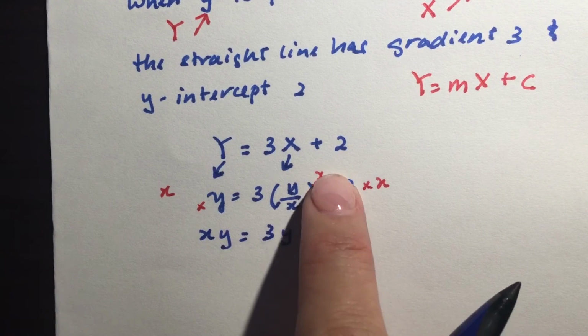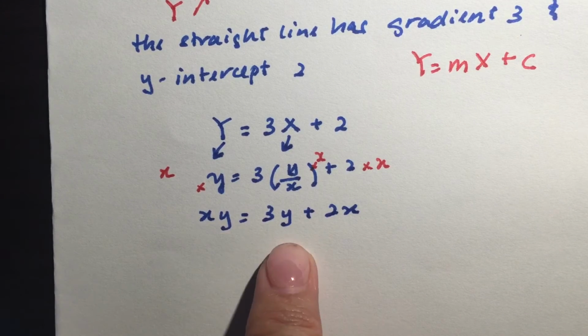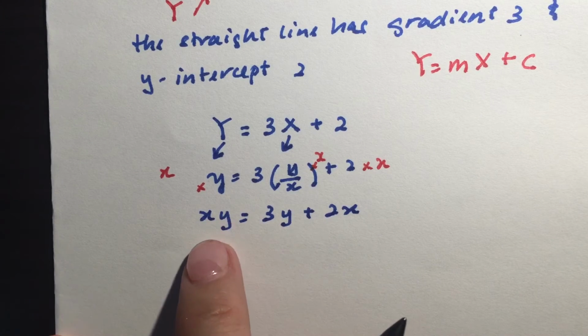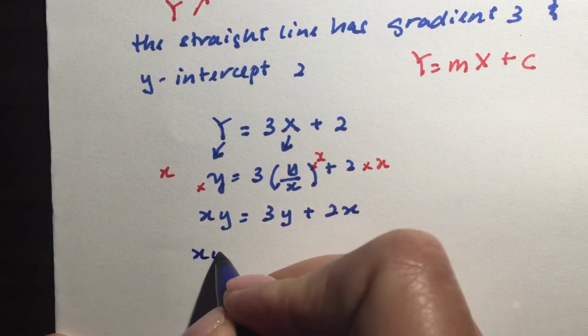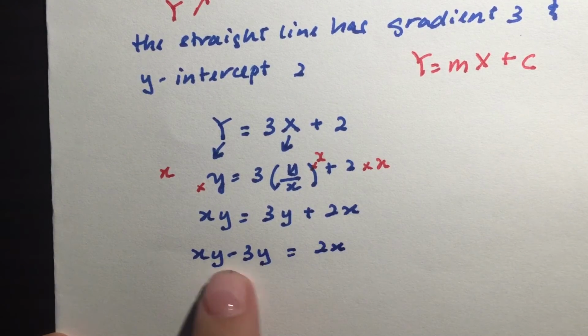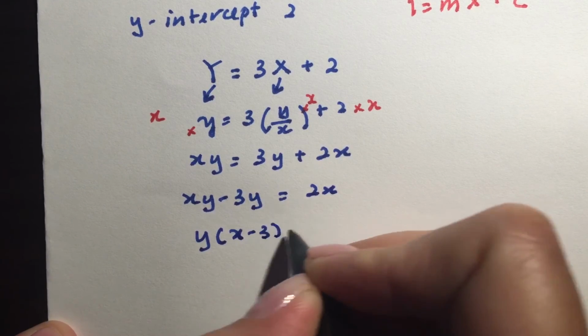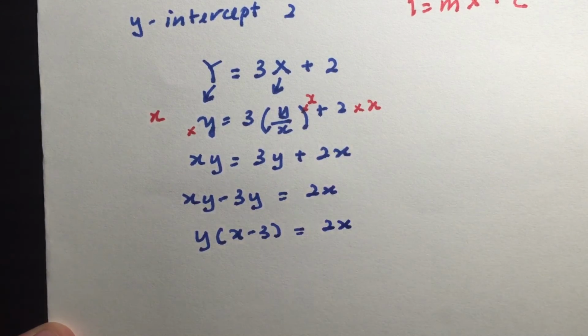Okay, so the x and the x has divided itself out, and you will see that, hey, I have two terms with y, so I have to bring them to the same side, and after which we factorize out the y. And we will make y the subject.